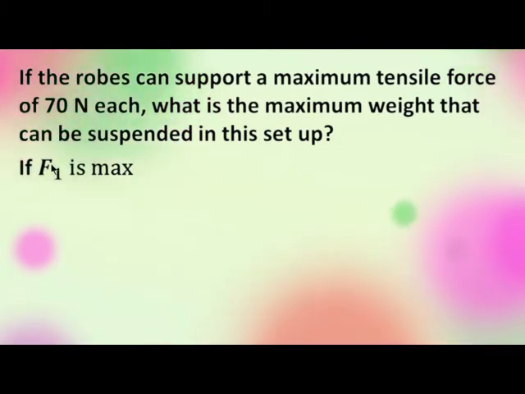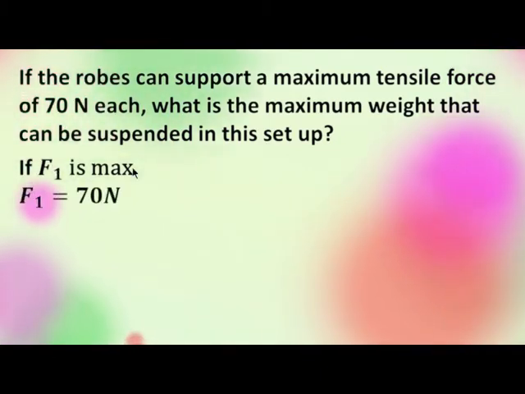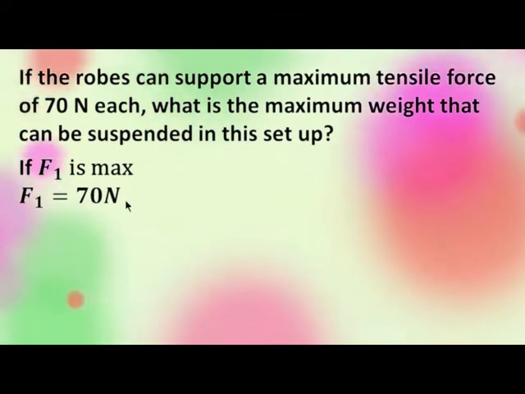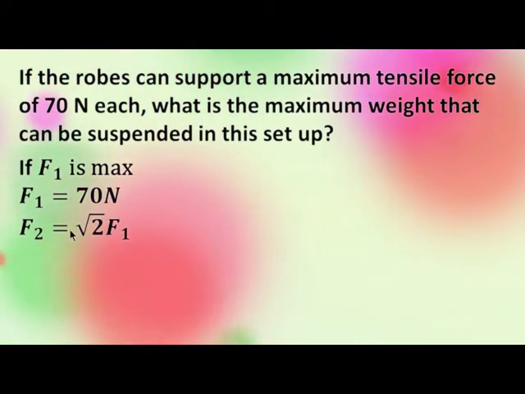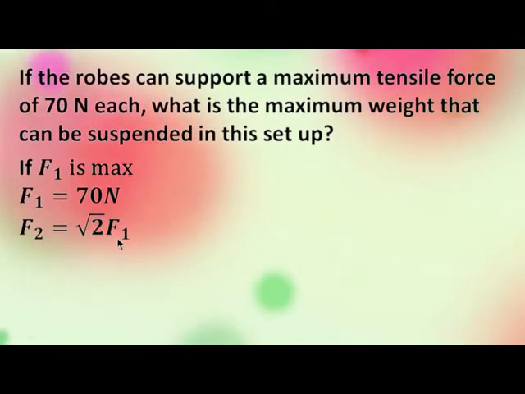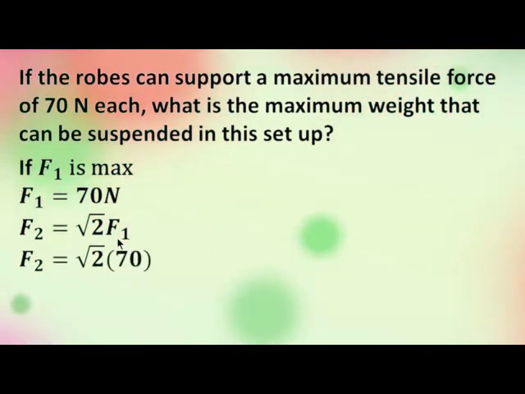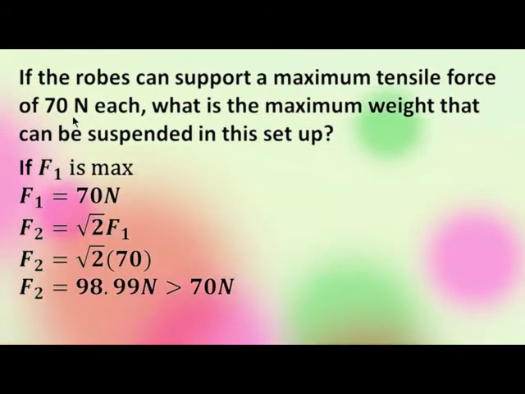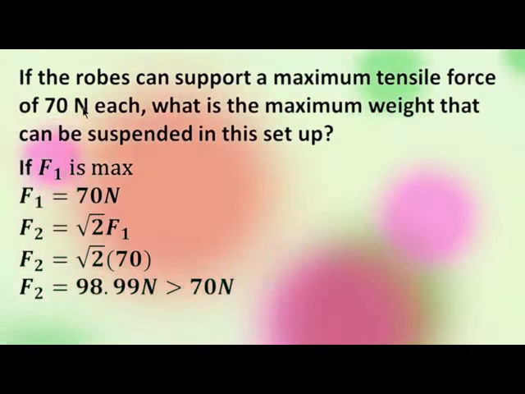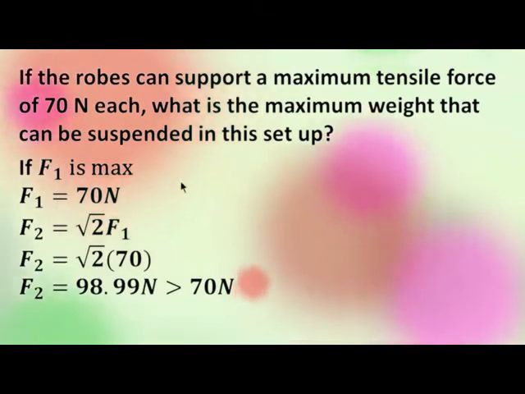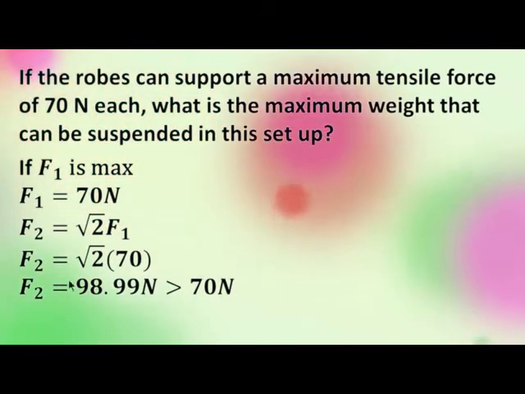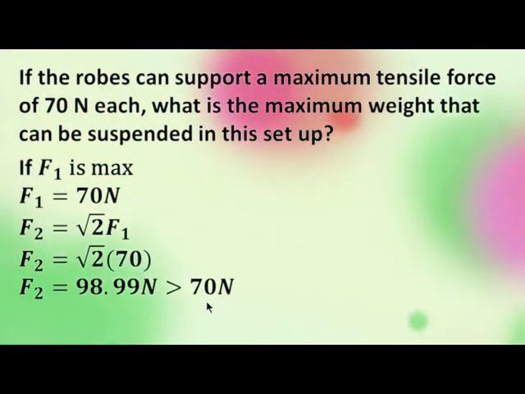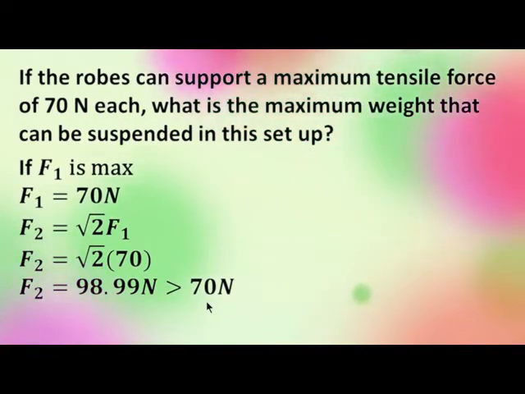If F1 is the maximum, F1 equals 70 newtons. F2 equals square root of 2 times F1, so if F1 equals 70, F2 equals 98.99 newtons. This is more than 70 newtons, and we know the maximum for each is 70 newtons. So this system is not as we expected because F2 is more than the maximum.